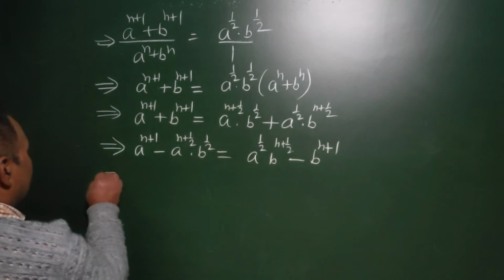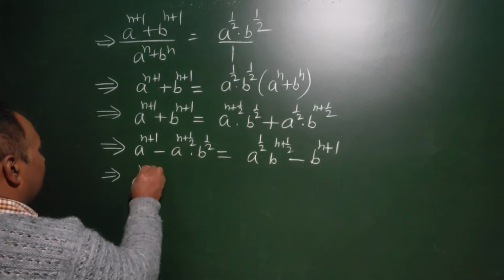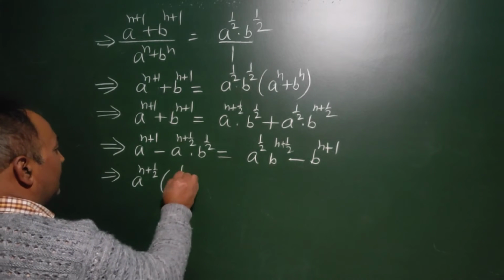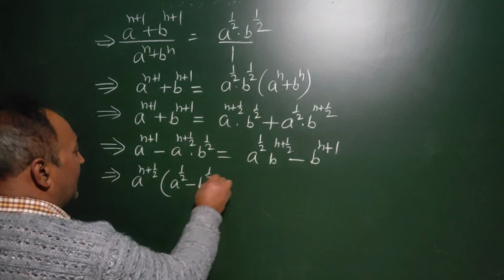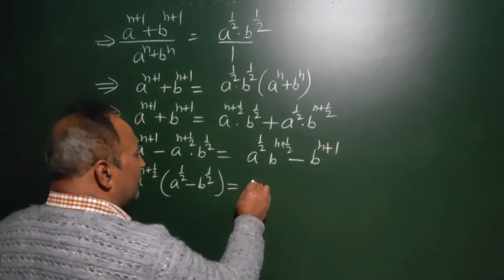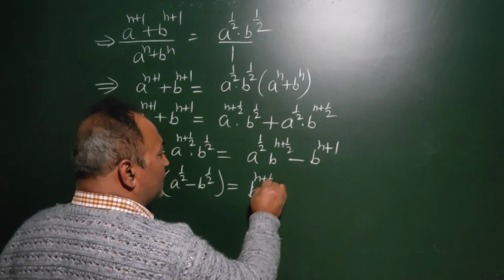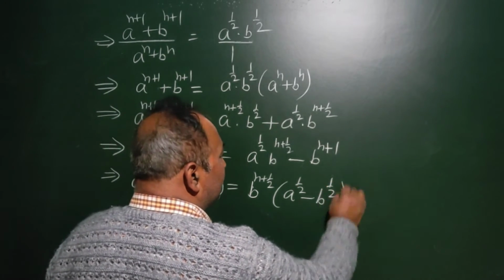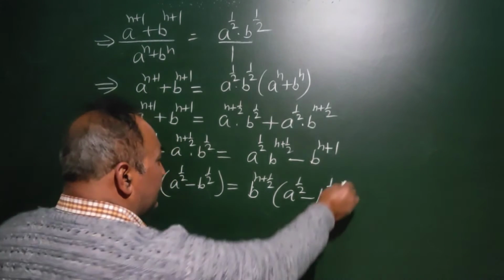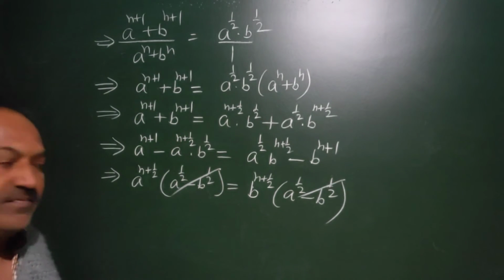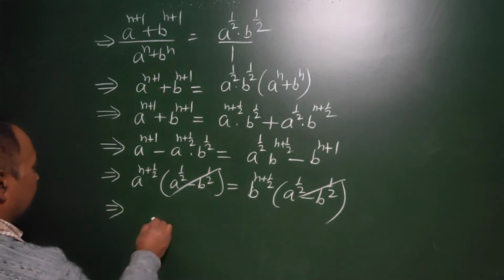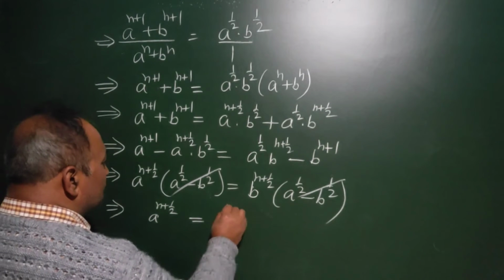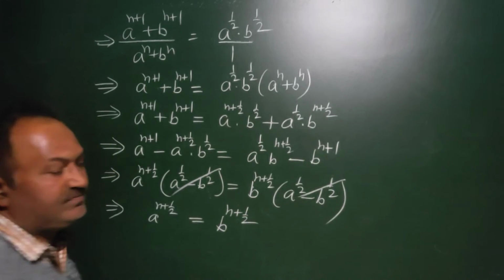Here we get a^(n+1/2) common, we get (a^(1/2) minus b^(1/2)) is equal to b^(n+1/2) common, (a^(1/2) minus b^(1/2)). This will cancel. We get a^(n+1/2) is equal to b^(n+1/2).